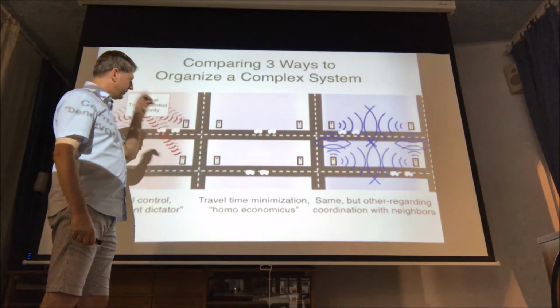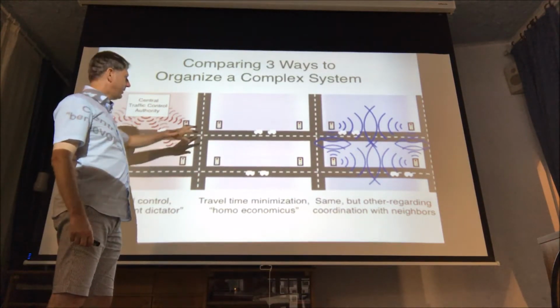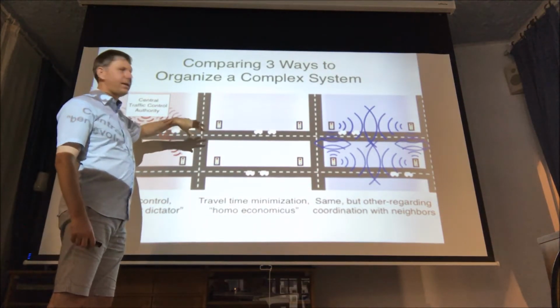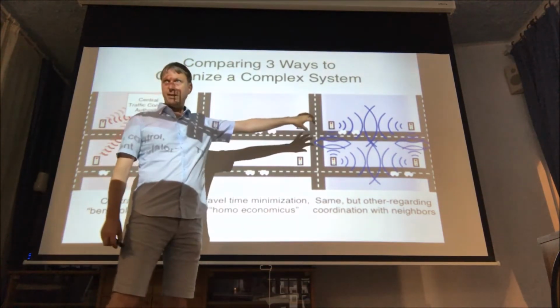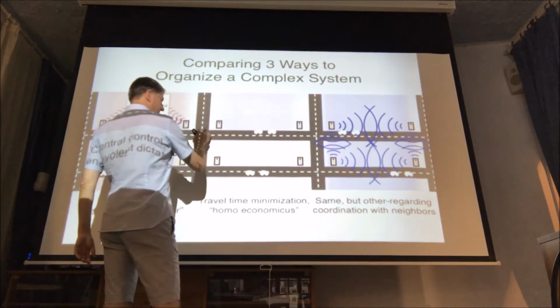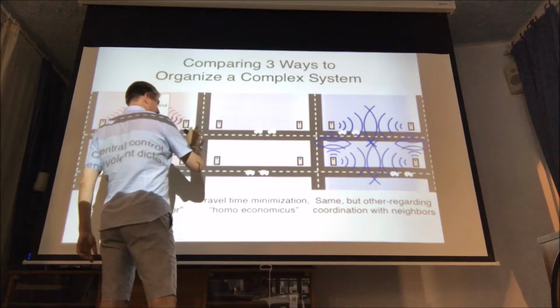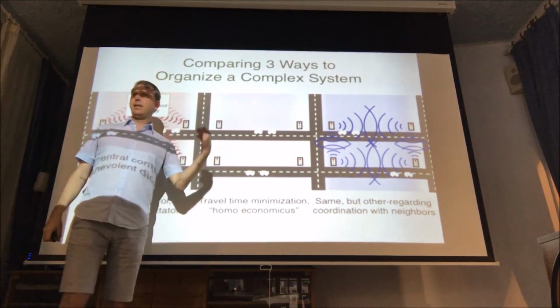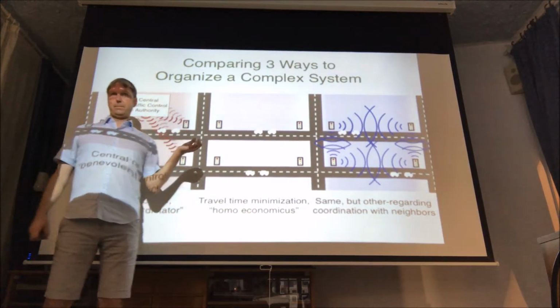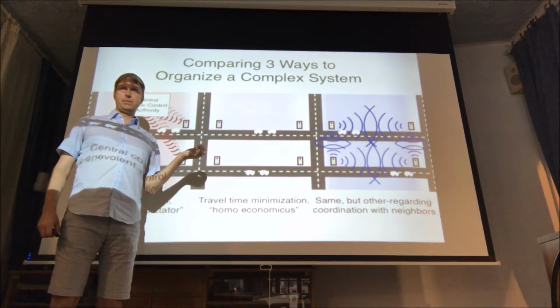That is a different approach over here in the middle, where we say, let's take a decentralized approach where every intersection decides autonomously based on the vehicles that are coming in on that road section towards that intersection, and then have every intersection strictly minimize travel times.